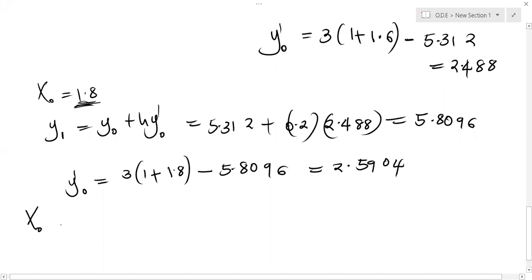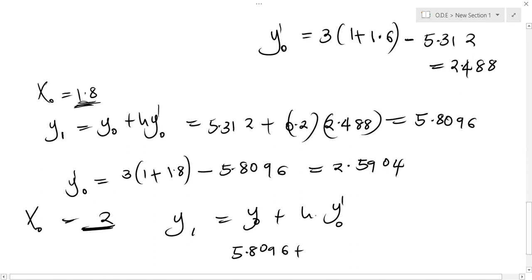For x naught being equal to 2, guys, our y1 from the formula is y naught plus h y prime naught. So what is our y naught? If you check the table, our y naught is 5.8096 plus h, which is 0.2, multiplied by y prime of 0, which is 2.5904 from the table.